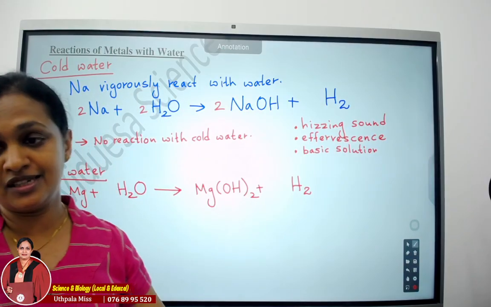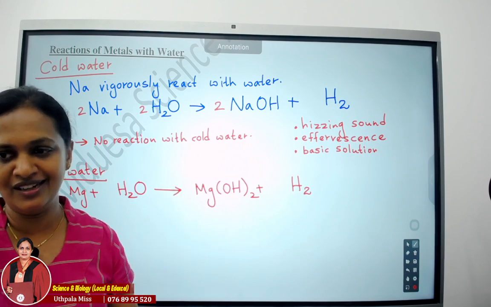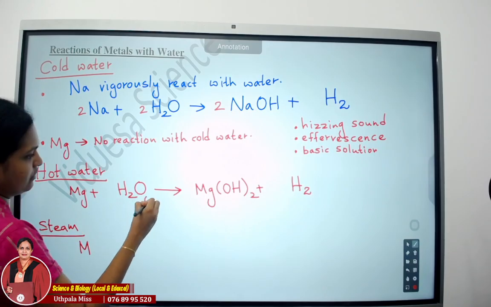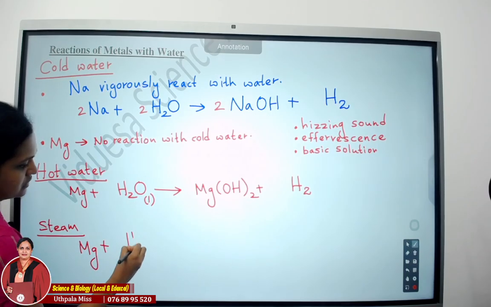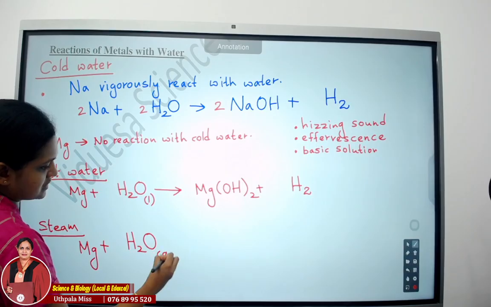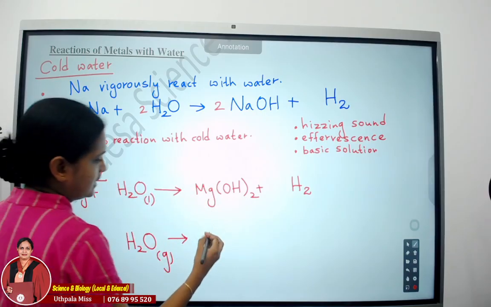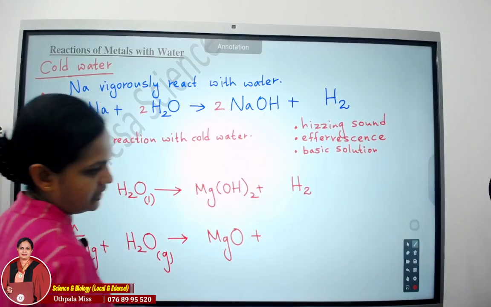Magnesium reacts even with steam. Steam has more energy than hot water. So we'll take steam, which is H2O gas. This magnesium hydroxide is further decomposed into magnesium oxide, right?